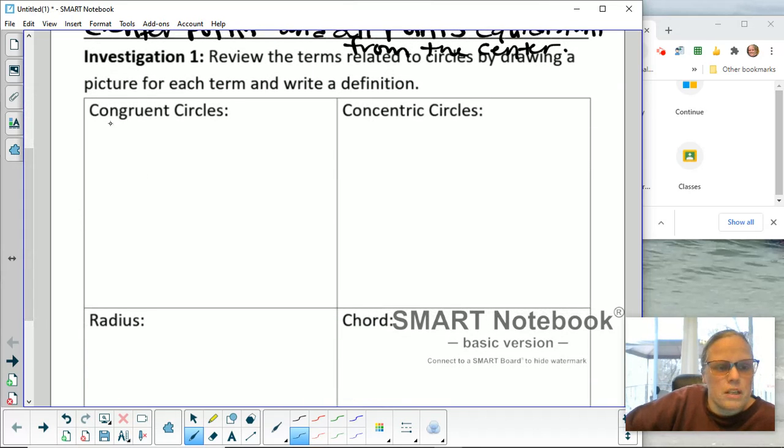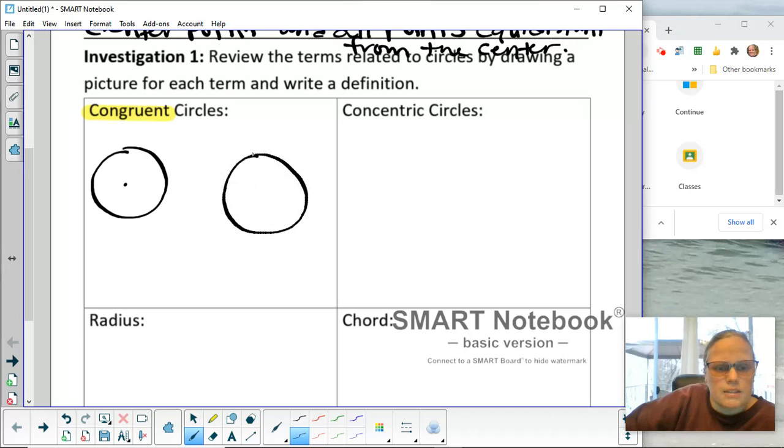So our first one is congruent circles. And we know the word congruent from our previous lessons. Congruent means the same size and the same shape. So if I have congruent circles, that means I'm going to have two circles that are the exact same size and shape. Now, because I freehanded these, they're clearly a little bit different in size.